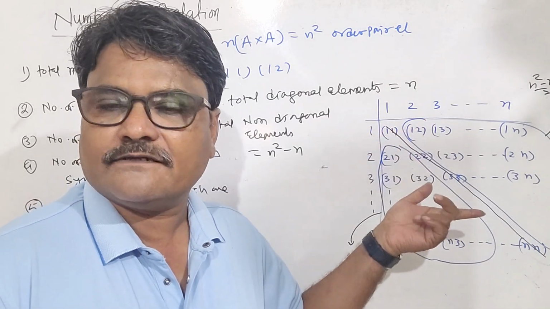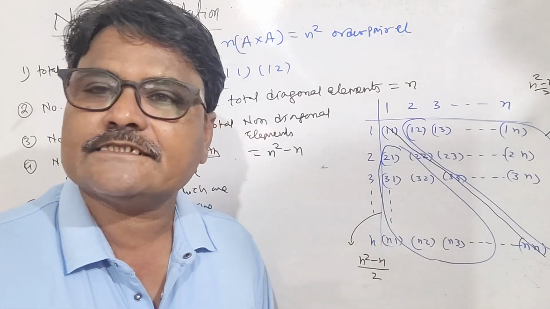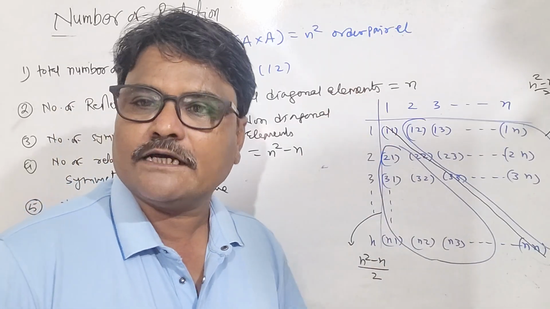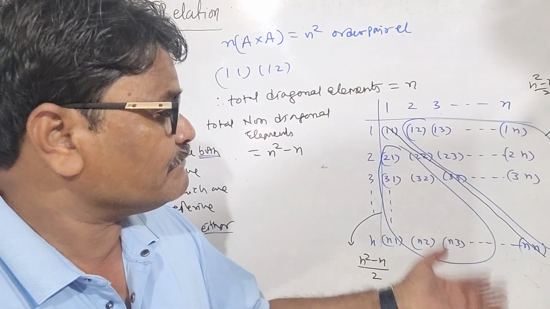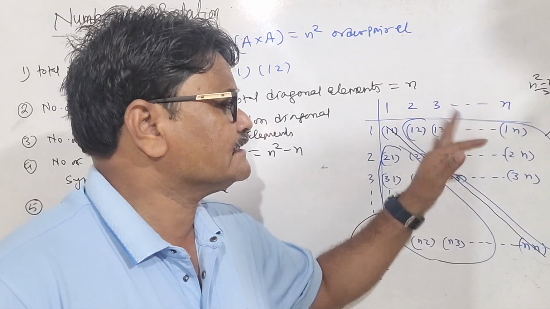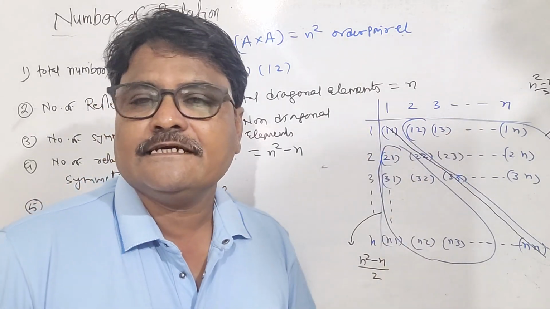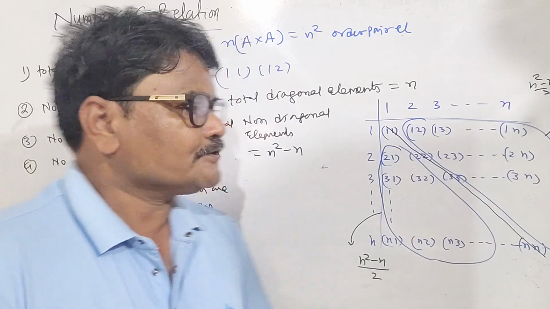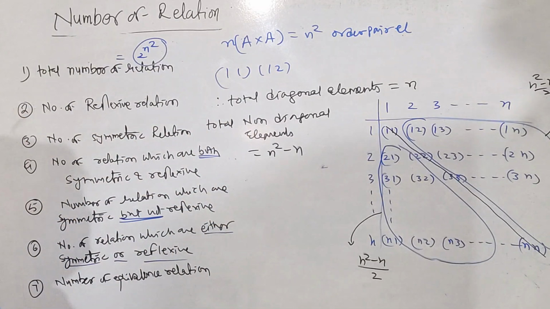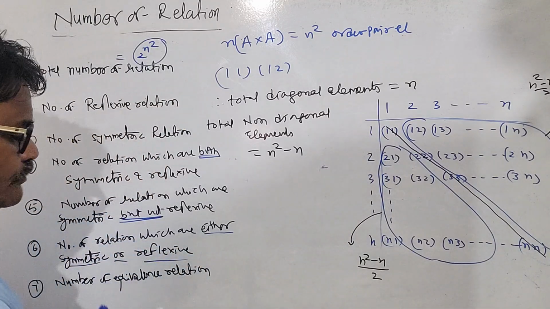No problem with that. The relation is still reflexive because all these diagonal elements are already present. Apart from these diagonal elements, if 1 2, 1 3 or any other non-diagonal elements are there, the relation is still reflexive. So here comes the concept of permutation and combination, that this 1 1 has one choice only.